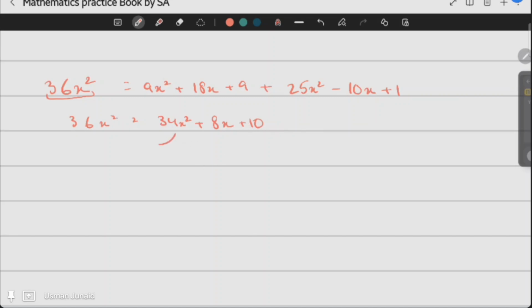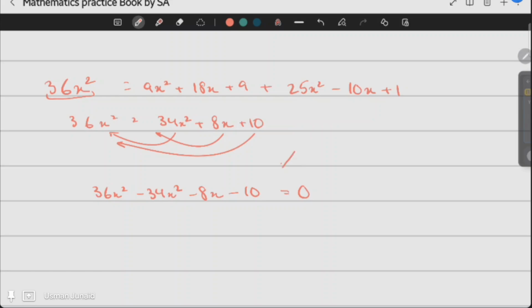Now what we want is we'll move all of these terms here in order to have 0 on one side. So you have 36x squared minus 34x squared minus 8x minus 10 is equal to 0.